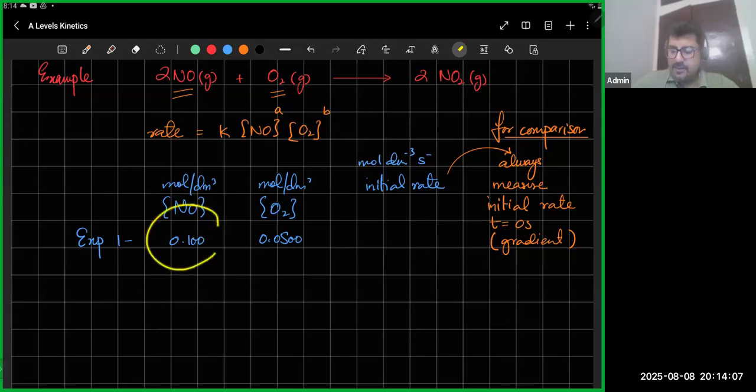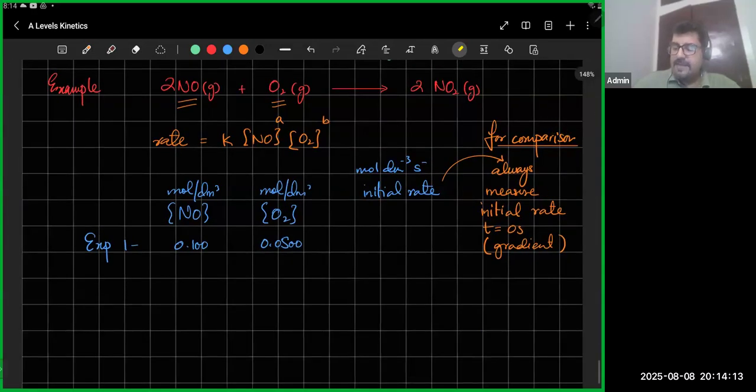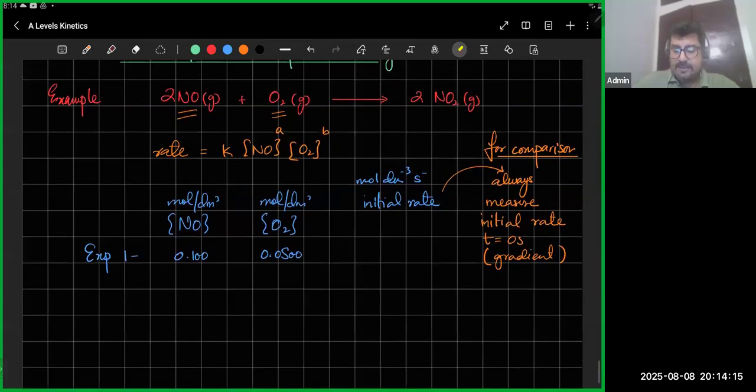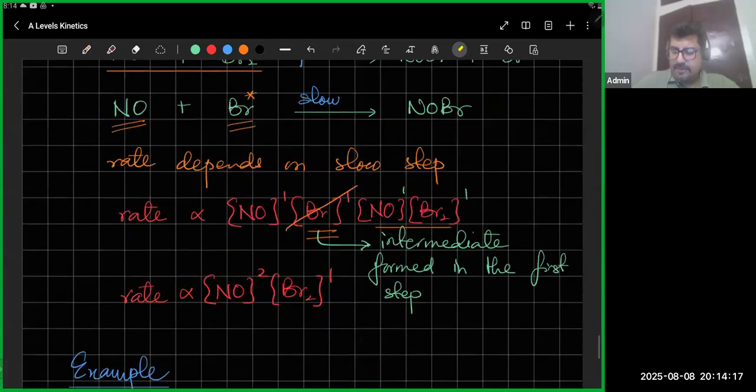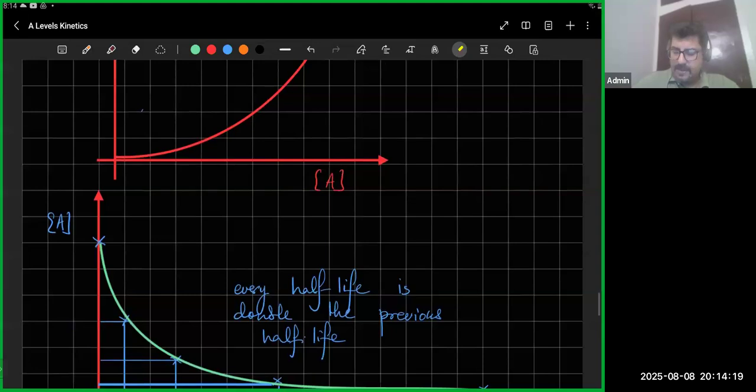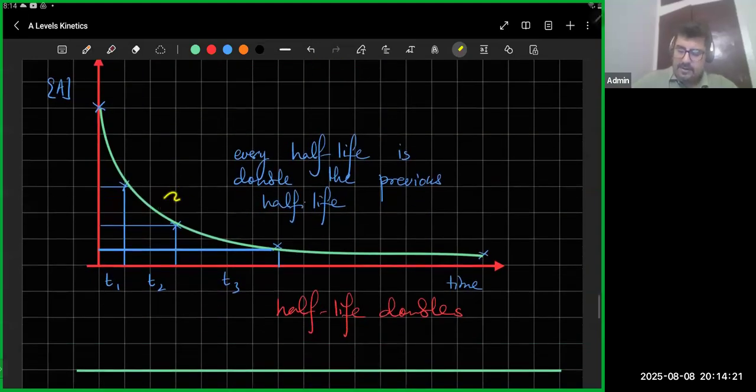If you double the concentration of NO and the rate does not change, that means it's order zero. Okay. So for comparison purpose, it's always the initial rate that is measured. ठीक है कोई भी experiment होगा when you're trying to measure the rate, it's not the rate that's going to be measured at this point. ठीक है या after 20 seconds, they're not going to measure the rate. It's always you just start with the gradient. That's the gradient that's always measured.